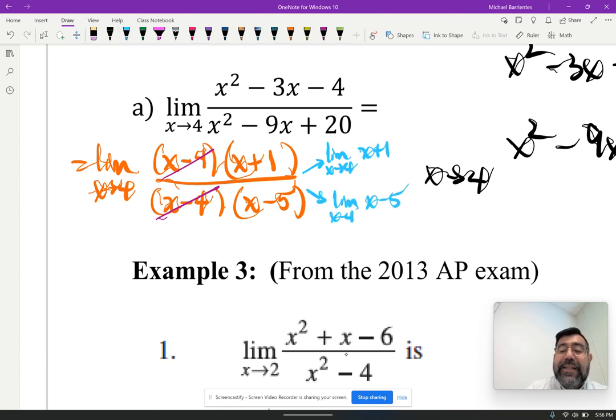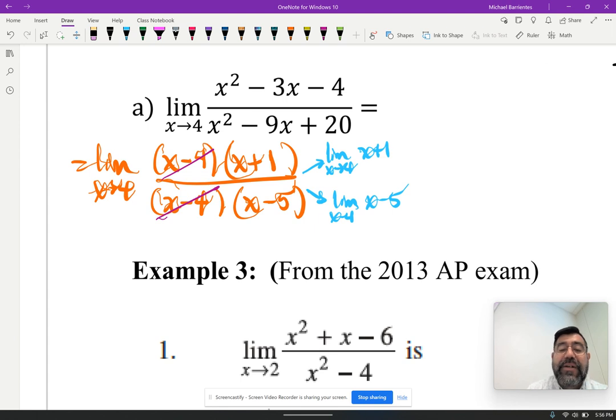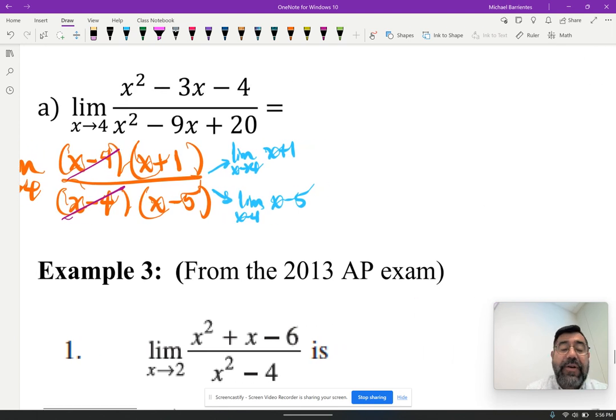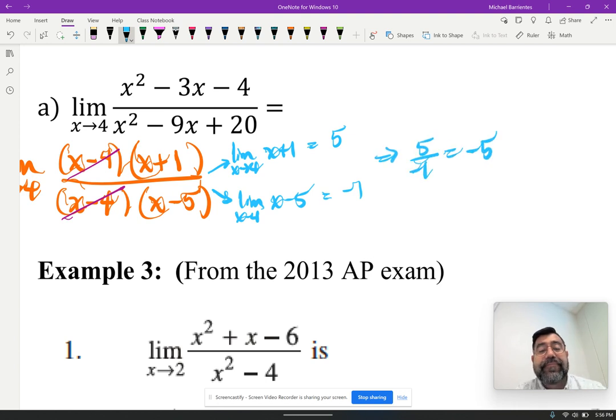Because if we get an answer that's not 0 over 0 here, then that is our actual limit value. So for the top, if you substitute a 4, you get 5. In the denominator, if you substitute a 4, you get negative 1. And so therefore our answer is 5 divided by negative 1, or negative 5. This is the actual limit value.